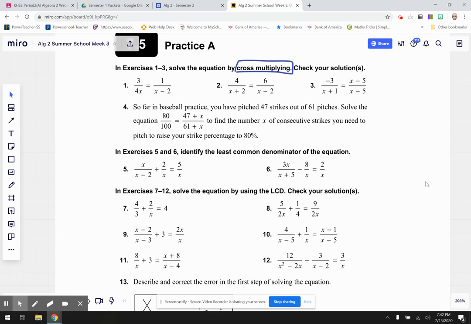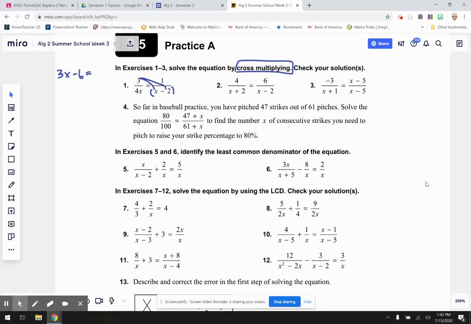doing. And that means we're going to multiply diagonals. Those two are going to get multiplied. Those two are going to get multiplied, okay? Now, to multiply the 3 times the x minus 2, it's like a parentheses, and we have to distribute. So it would be 3x minus 6. That's one side.